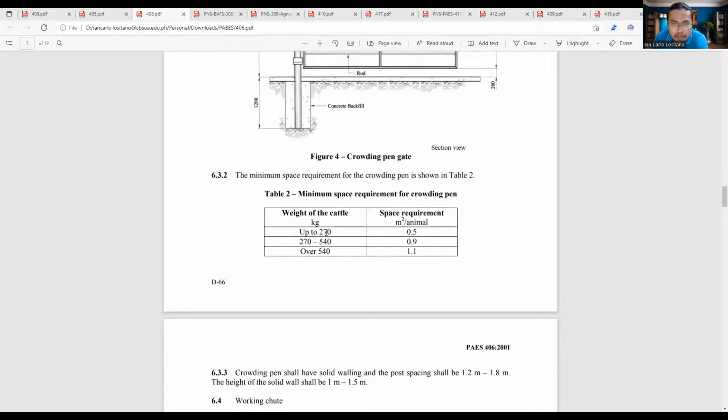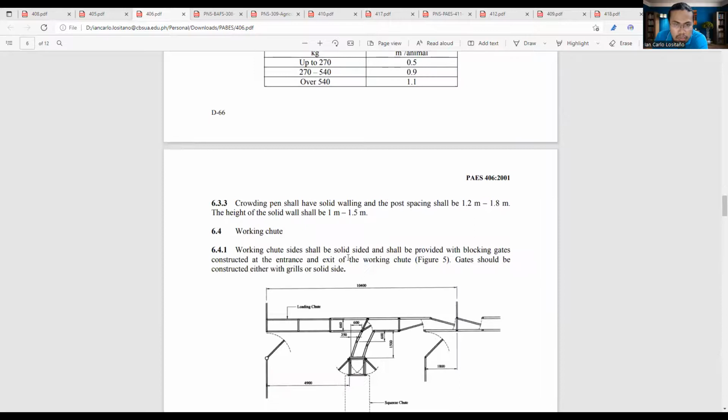Okay, 0.5 for up to 270 kilos calves. Then you have over 540, which is 1.1 meters squared. The crowding pen shall have a solid walling, and the spacing of the posts is 1.2 to 1.8 meters, and the height of the solid wall shall be 1 to 1.5 meters.